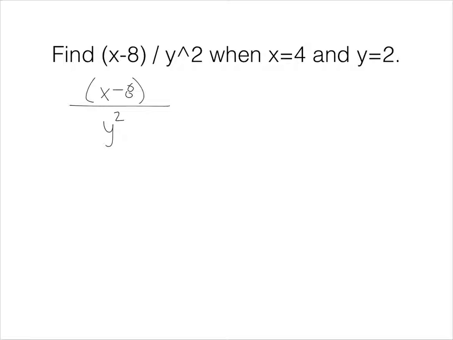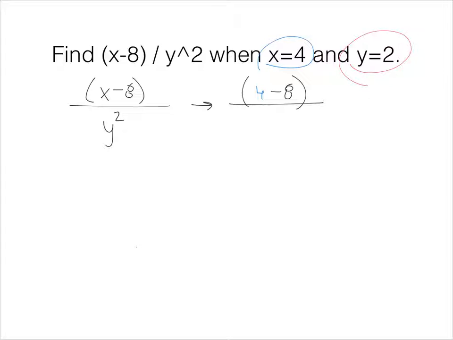It says when x equals 4, so I'm going to plug in 4 wherever I see x, and y equals 2, so wherever I see y, I'm going to plug in 2. So this is going to change to 4 minus 8, where x equals 4. I just plugged in what it told me to.